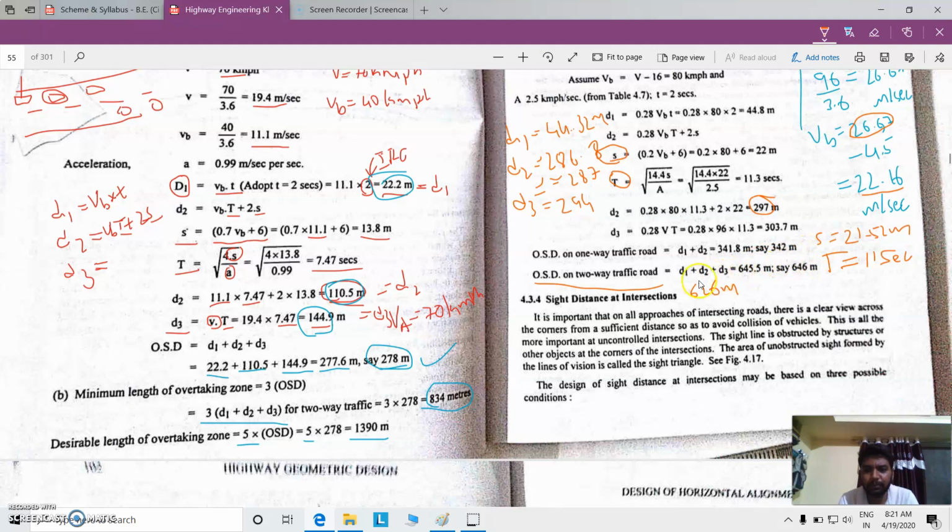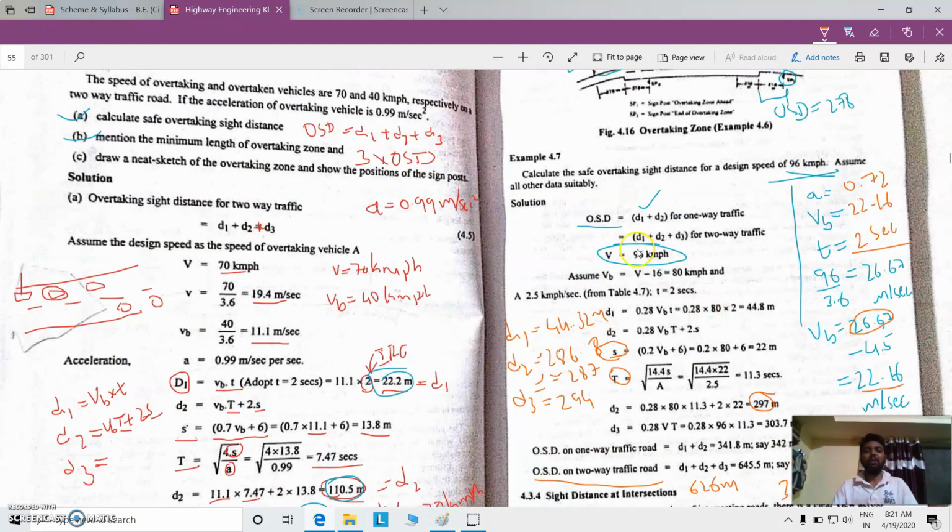For one-way traffic, d1 plus d2 gives 332 meters.